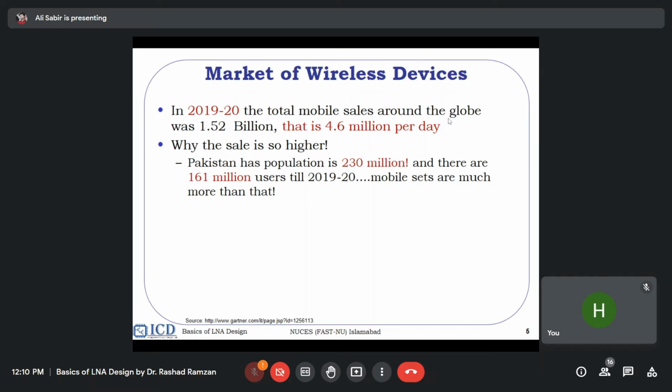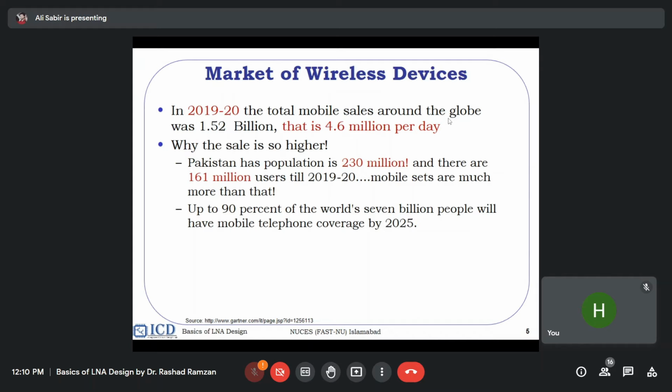Or you have had more than one mobile set in the last 2 years? Okay, 1, 2, 3, 4, 5. So 5 people have more than one mobile set. So this is the number of mobile devices we are using in Pakistan.